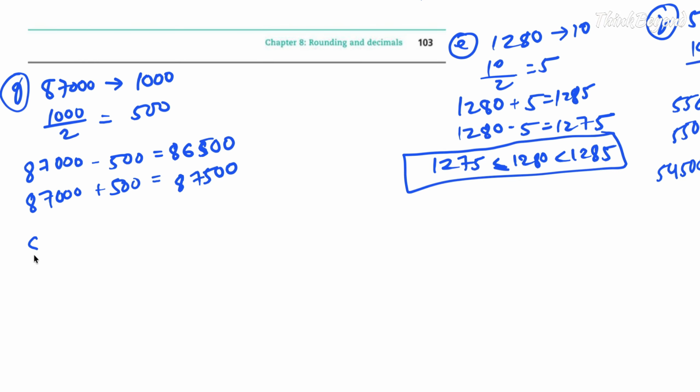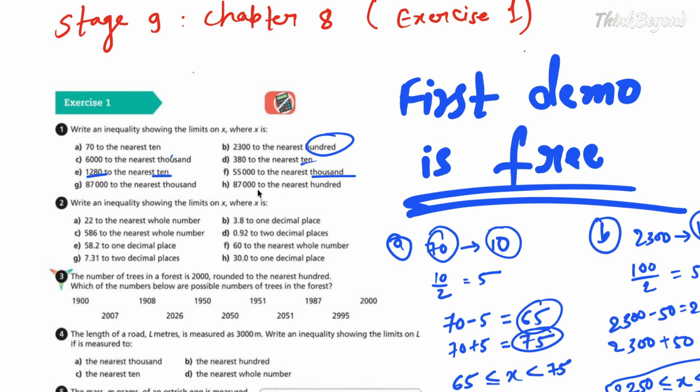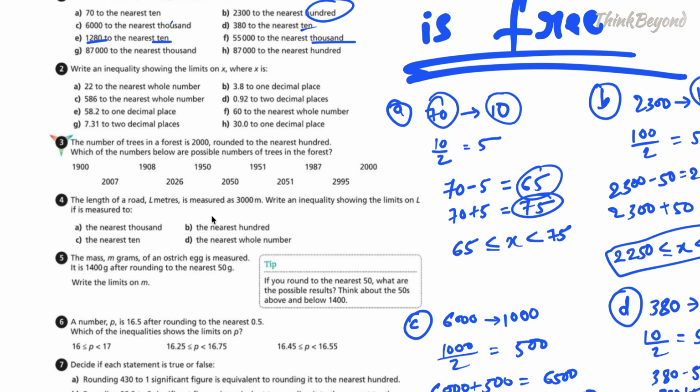So the inequality will become 86,500 is less than or equal to x and x is less than 87,500. Now the last question, question number H. It says 87,000 to the nearest 100.